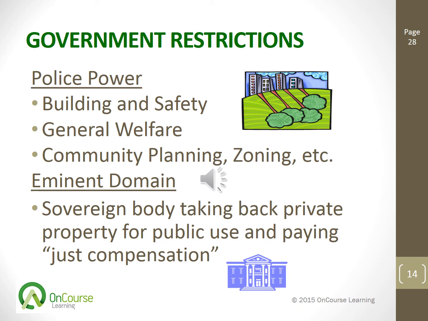In this class, we're just going to talk about the fact that the government can take property and pay just compensation. Seems simple. For those of you in California or those of you who travel a lot, you know that the Interstate 5 freeway goes from San Diego to Seattle. Prior to whenever that was built, it had to be somewhere in the 60s because Eisenhower started all this in the 50s.